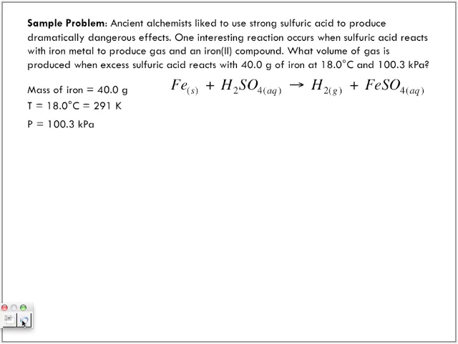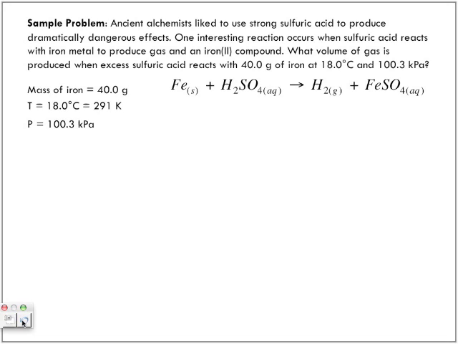We've got the mass of iron, which is 40.0 grams. We've got the temperature, which is 18.0 degrees Celsius, and we always want to convert temperature to Kelvin, so that equals 291 Kelvin, and we've got the pressure of 100.3 kilopascals.